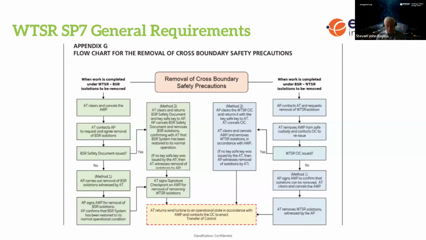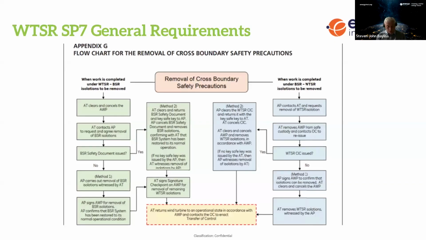If we now move on to the method 2 route, which is if a CIC is issued, the AP clears this WTSR CIC and returns it with the safe key to the AT. The AT cancels the CIC. The AT clears and cancels the AWP and removes WTSR isolations in accordance with the AWP.